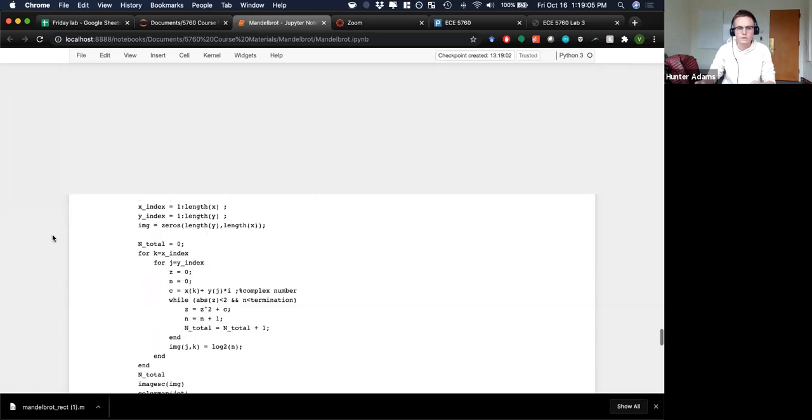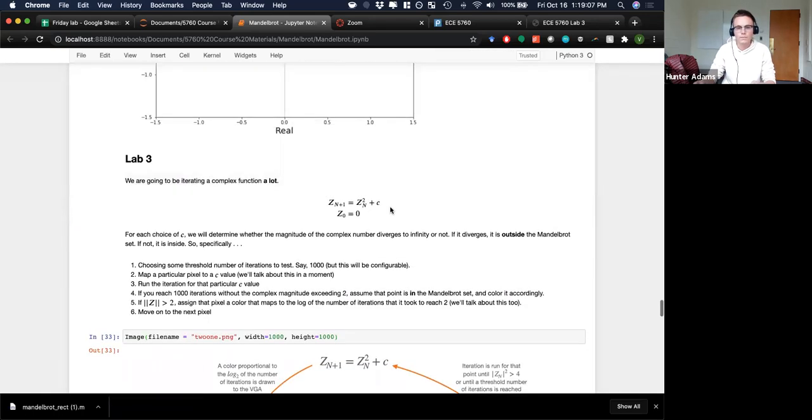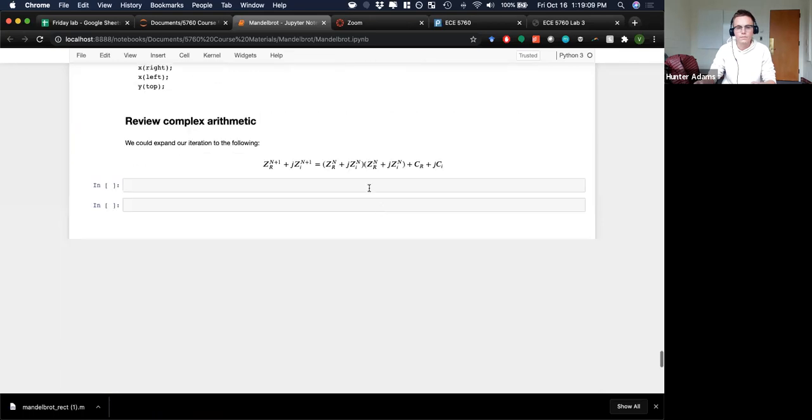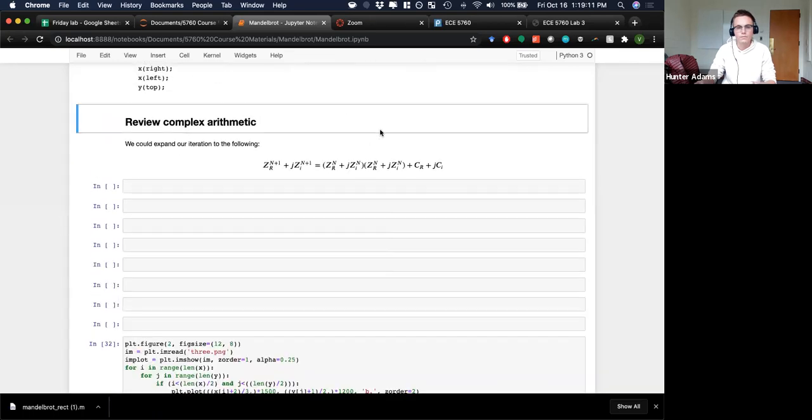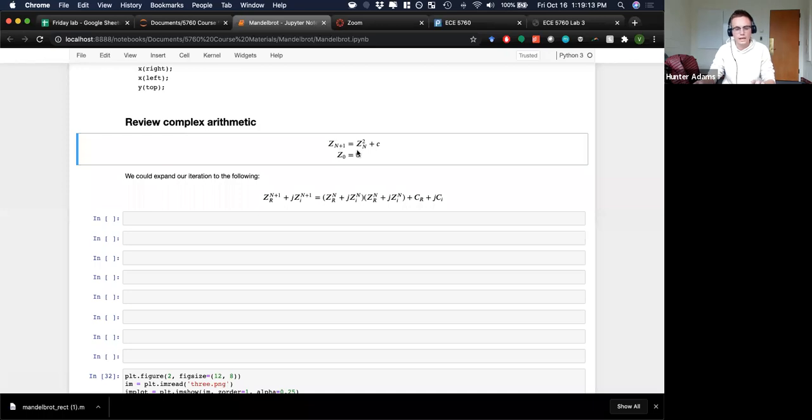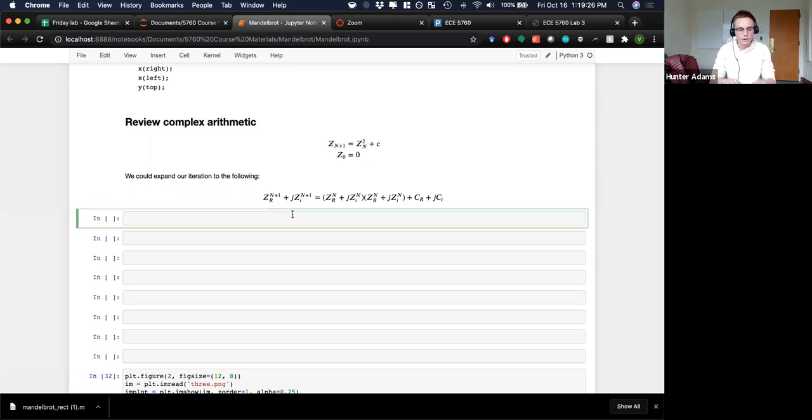Is that clear? So we've taken this iteration and we've just rewritten it. We've expanded the square out and separated it into the real and the imaginary parts. Okay.